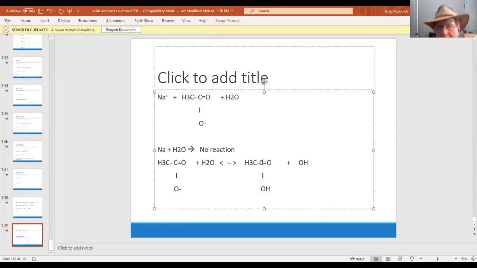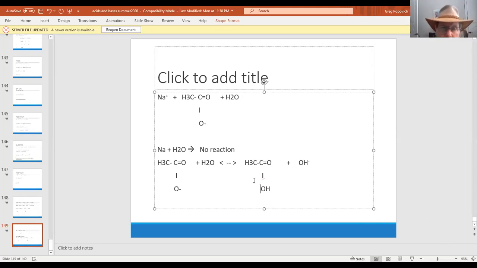That second carbon has a double bond oxygen and a single bond with an oxygen that has a bond with the hydrogen. Do we understand how this is structurally? Yes. If you don't understand, talk to me.